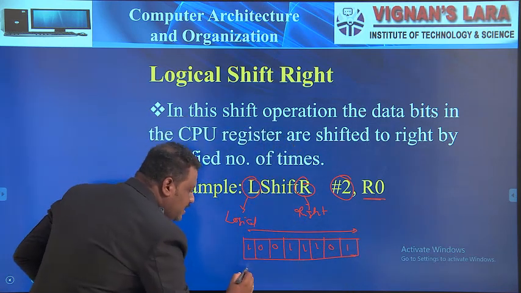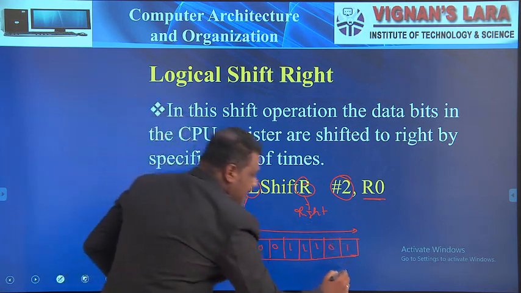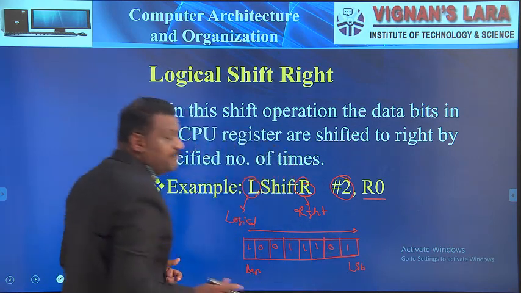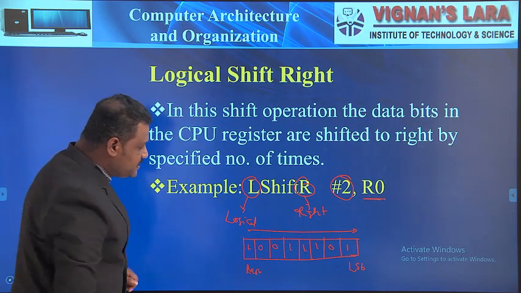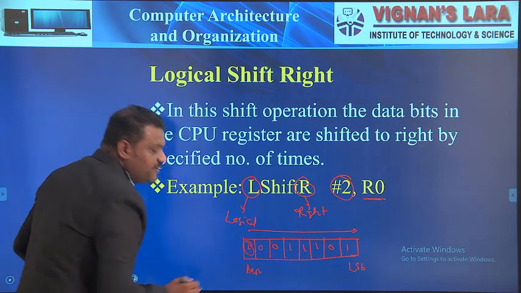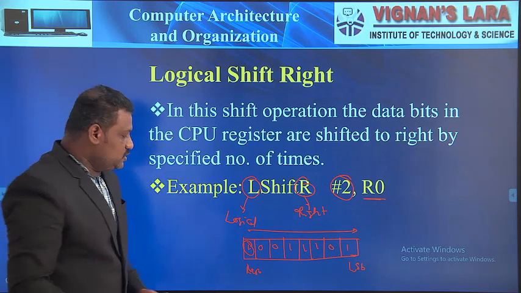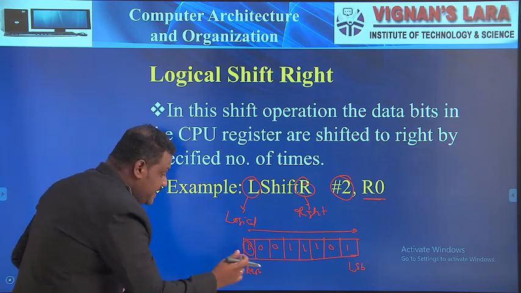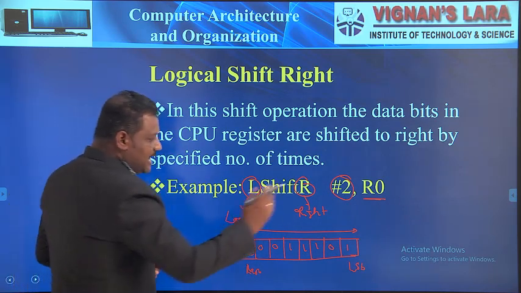We know that this is the most significant bit MSB and this is the least significant bit LSB. If I shift one time, the most significant bit position becomes vacant, and this vacant bit position is filled with 0.